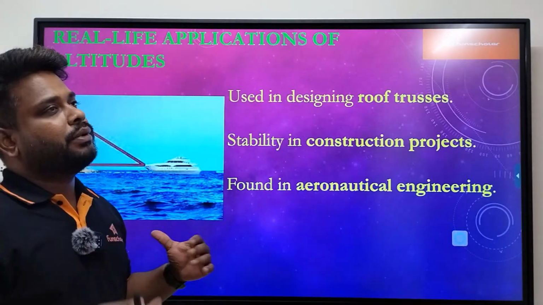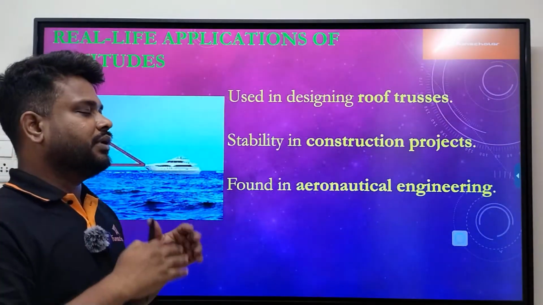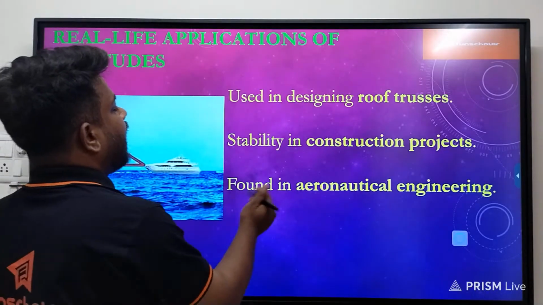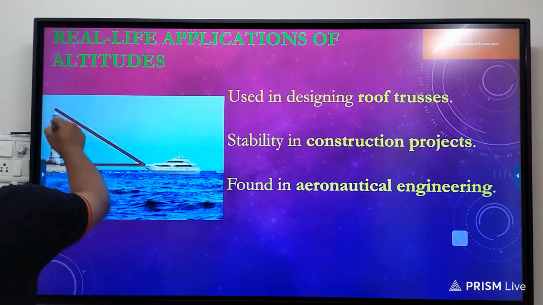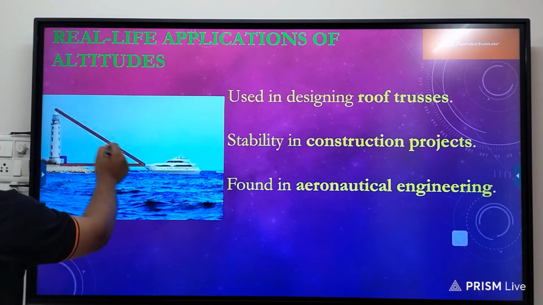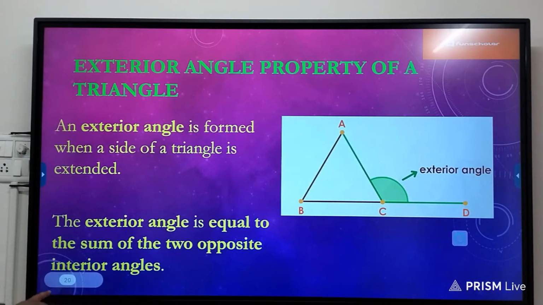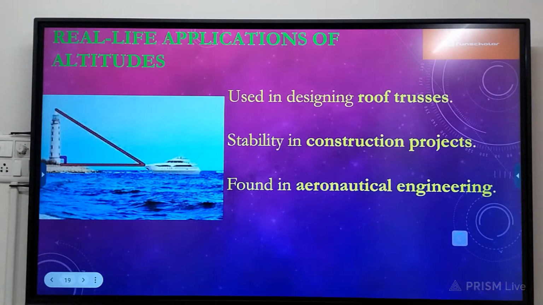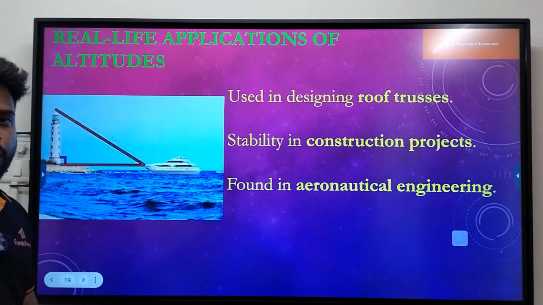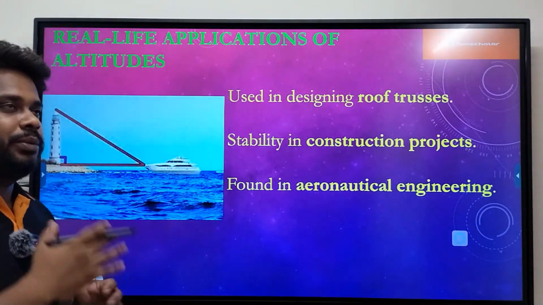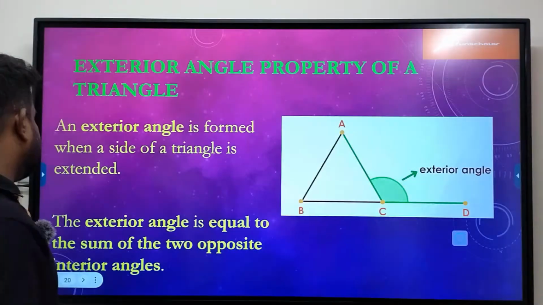Maybe you have learned about this in mathematics. Height and distance is an important topic, like measuring the distance of a lighthouse from a boat. Here they use the theories of altitude to measure this, and how they measure it, yes, we will do some maths regarding this.